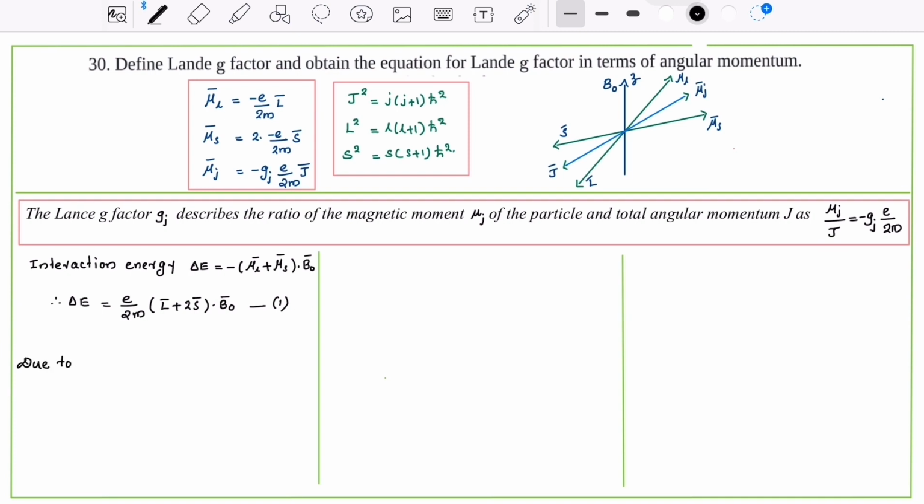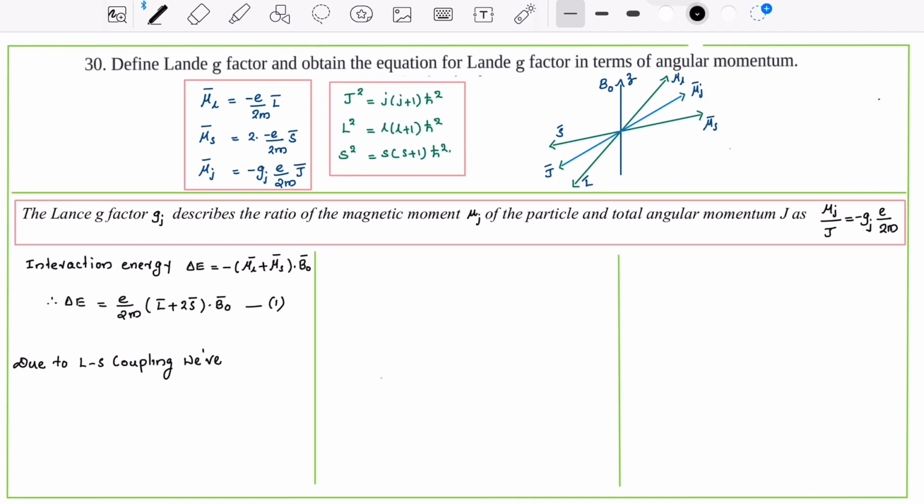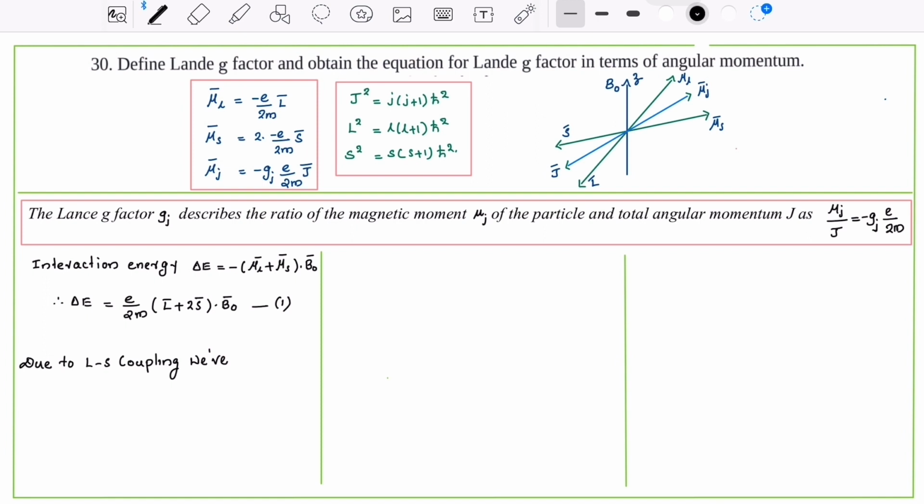Now, due to LS coupling, L and S couple together to form J. We can say that in the exactly opposite direction of J, you have a vector called mu J, which is the magnetic moment due to total angular momentum. Therefore, the interaction energy can be written as minus mu j dot B0. Now, what is mu j?